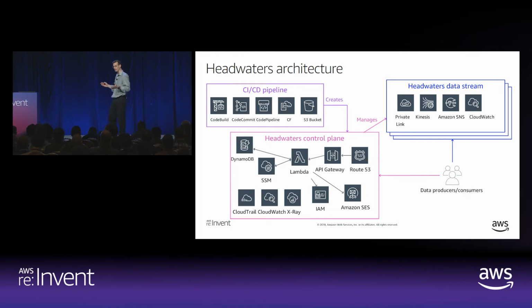Now, this control plane is the one that creates the data stream. So obviously, the data streams are mostly focused around Kinesis. But also, we create an SNS topic that we associate with each one of the data streams so that the stakeholders of the stream have a communication channel to communicate about that particular stream.